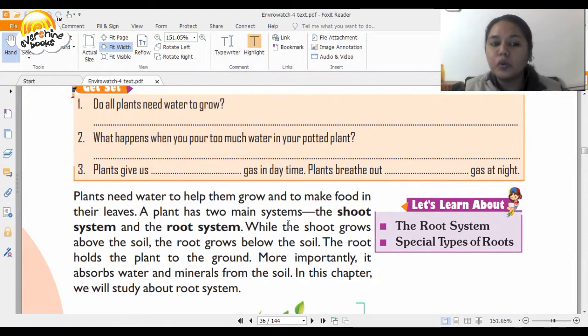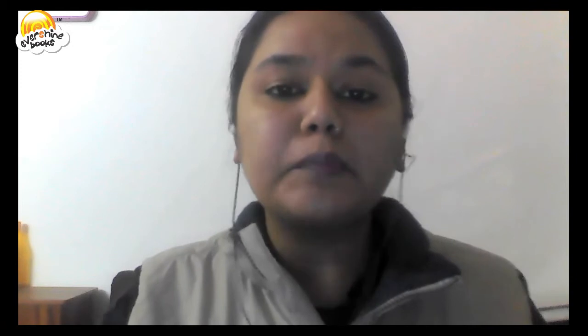While the shoot grows above the soil, the root grows below the soil. So, we have spoken about two main systems. The first one, shoot, and the second one is root. Now, as per the definition, the shoot system grows above the soil and the root system grows below the soil.